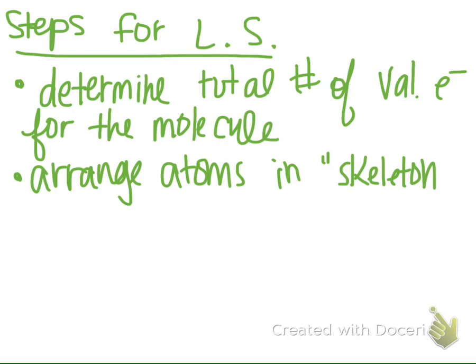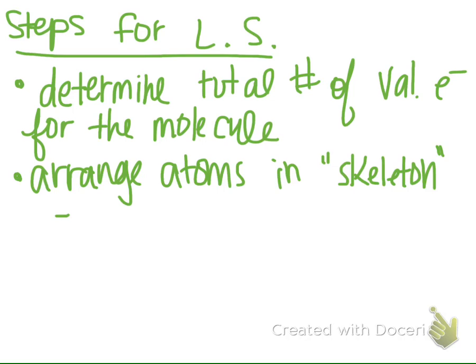And here are our rules for arranging the skeleton. The skeleton is the atoms without any electrons put on the diagram at all. So our 2 F's sitting beside each other would have been our skeleton on that last one. So a skeleton is the atoms in a particular order with no electrons drawn in yet.